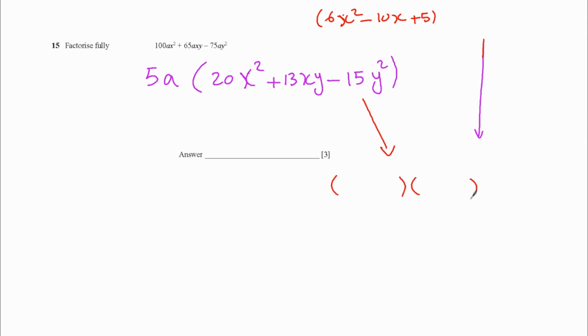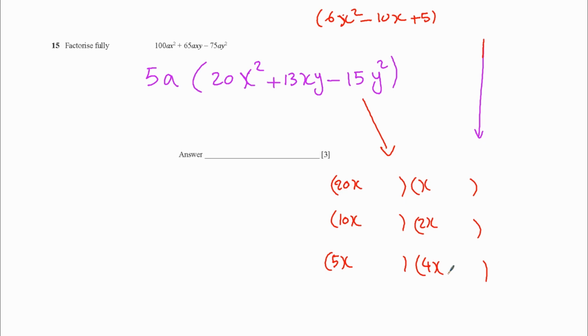It could be another two brackets, 10x and 2x, because these timesed together give us 20x. That's what we are looking for. We also have 5x and 4x. So we could have 20x and x, 10x and 2x, and 5x and 4x, which multiply to give us 20x squared.